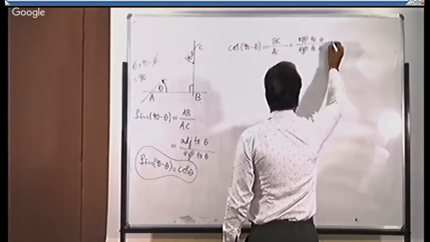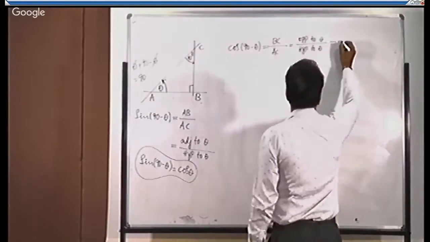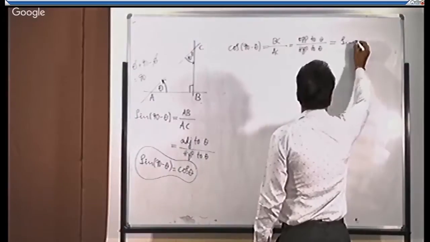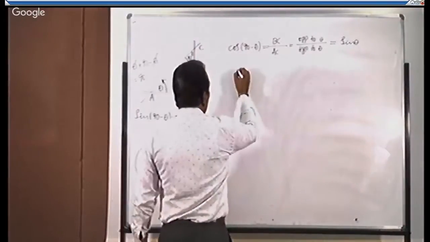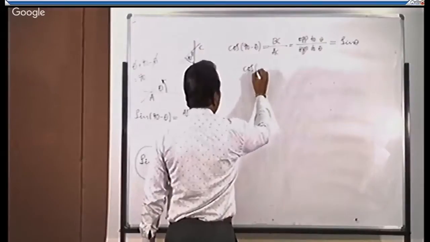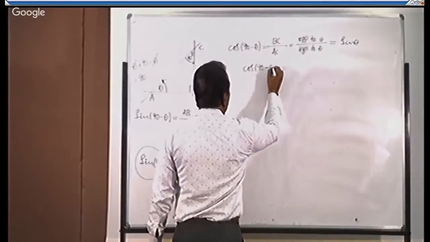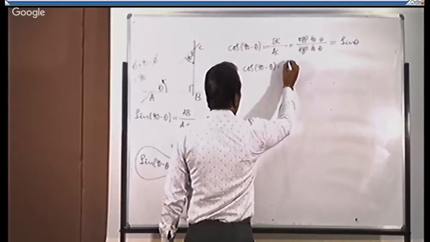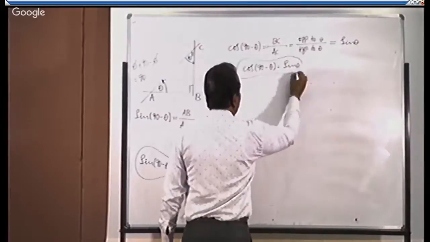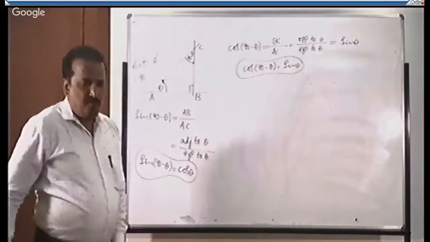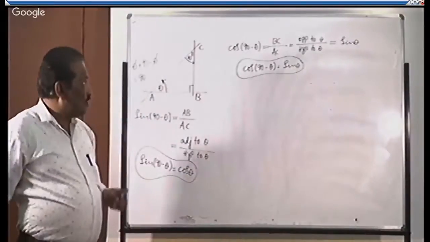But we know opposite to hypotenuse is sine of the angle. The angle is theta. Therefore, we proved cos of 90 minus theta is always equal to sine theta. This is also a very important relation. Cos of 90 minus theta is equal to sine theta.